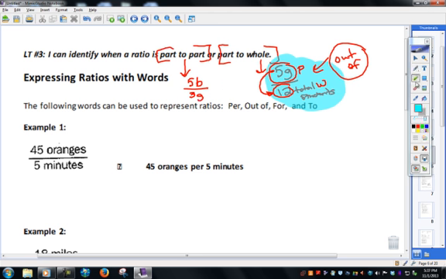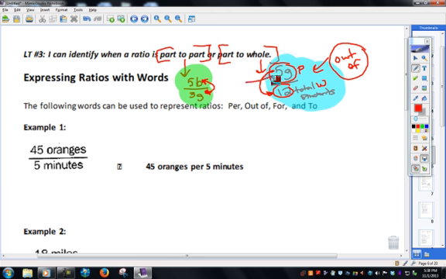Whereas a part to part, you're comparing two things, but these two terms, remember terms are just the numbers in a ratio, don't make up each other. These 5 boys in no way make up these 3 girls, or the 3 girls make up the 5 boys.